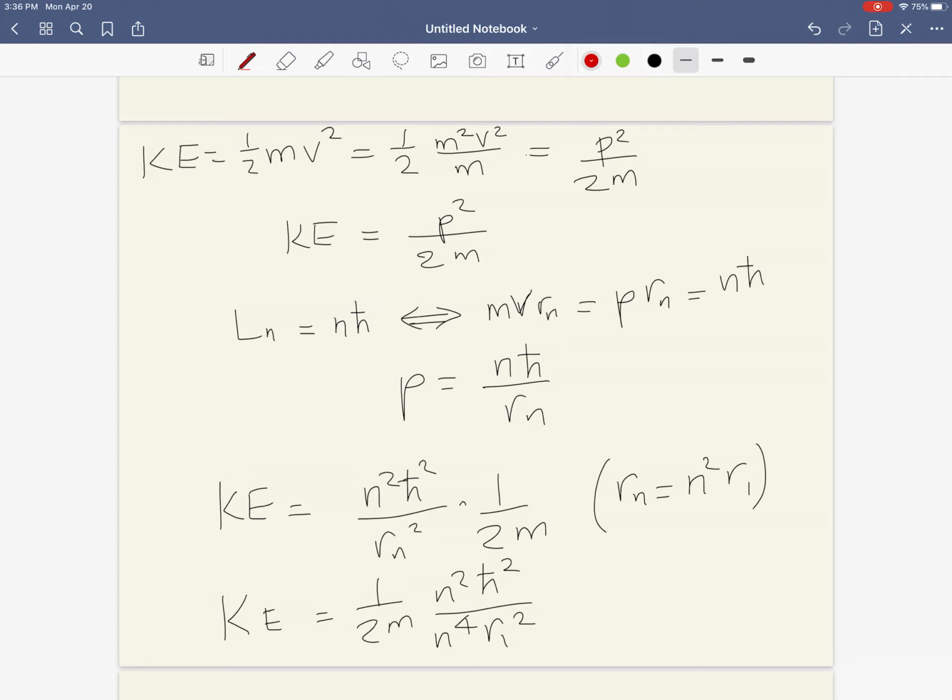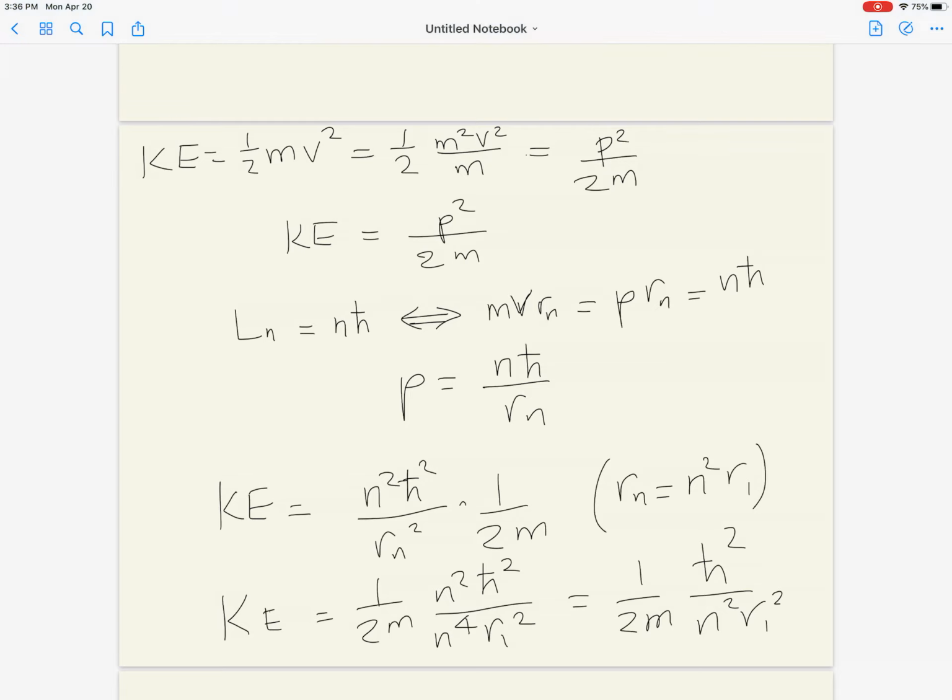You can see that we have n squared here and n to the 4th here. So we're going to cross out one of the n squareds. And so this gives us 1 over 2m h bar squared over n squared R1 squared.